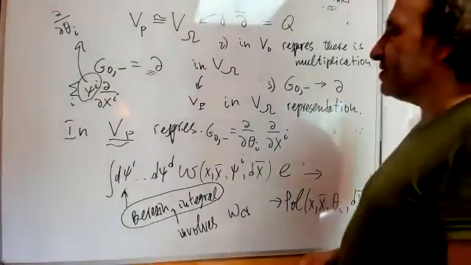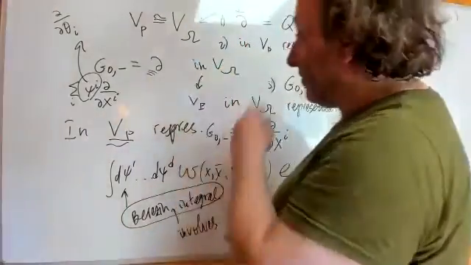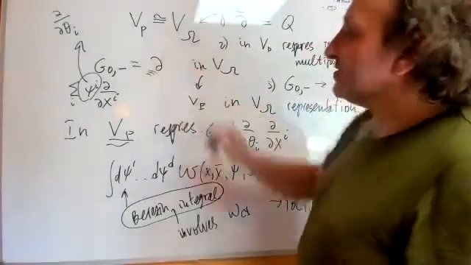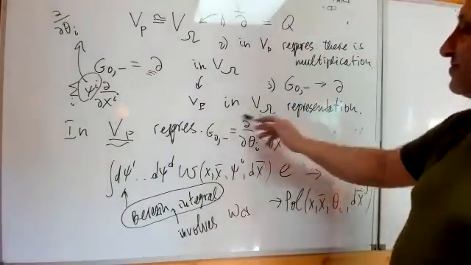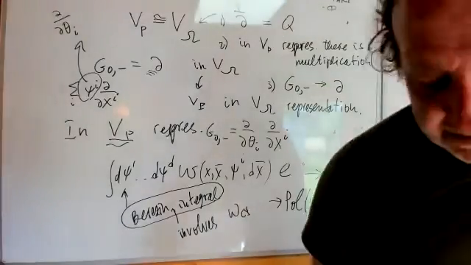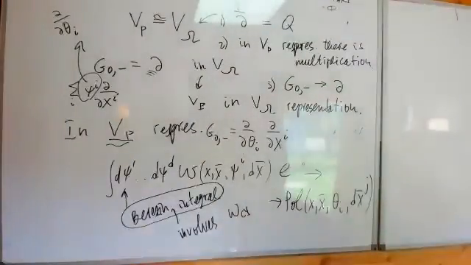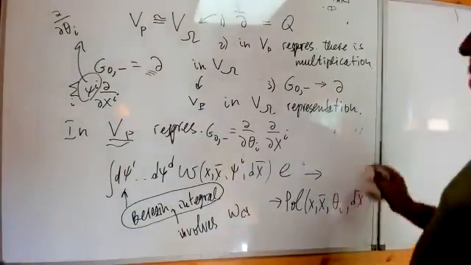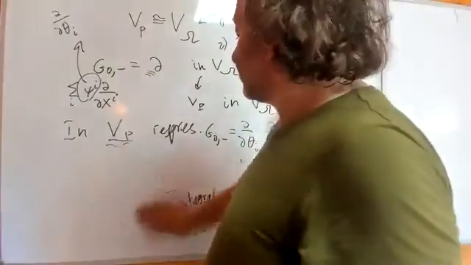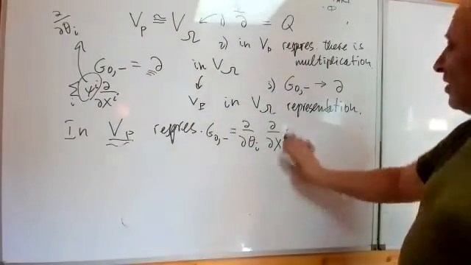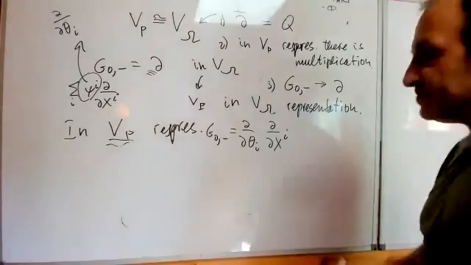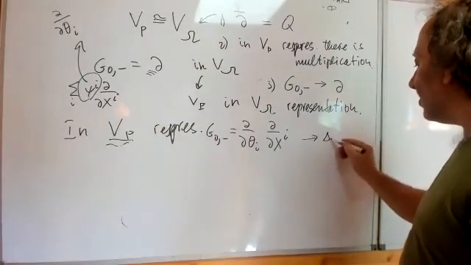But the main result is that I have this second order operator, G naught minus, like this. So this operator is also known as BV operator.